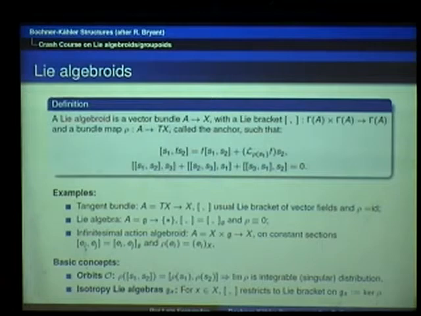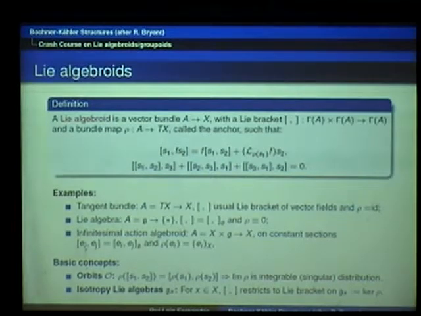One simple thing is that these algebroids come with two things. They come with orbits, because if you look at the image of this bundle map, you get a distribution in X. This distribution has varying rank, but still it's integrable, so it has leaves, and the leaves are called the orbits of A. The other thing that appears is if you look at the kernel of the anchor at a point, the kernel, because of this property, becomes a Lie algebra.